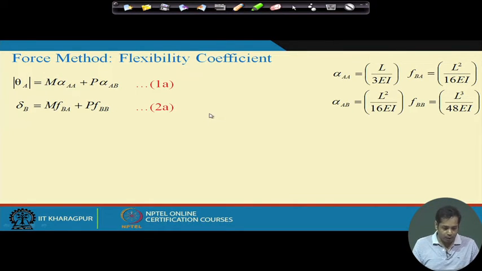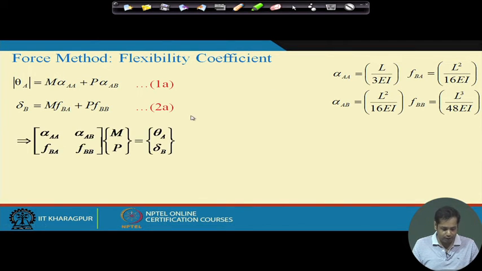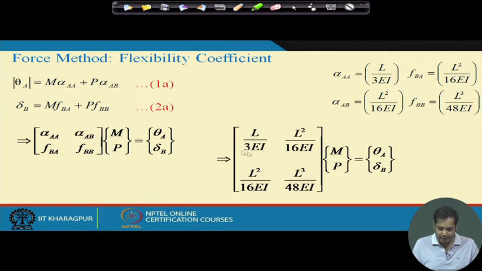Okay. Now, if we substitute this in this equation, before that let us write this expression in a matrix form. If we do that, then this is the matrix which has flexibility coefficients, into M and P, M by P, is equal to theta and delta, these are the displacements. Okay. Now, if you substitute this expression of flexibility coefficient here, then this becomes this. Okay.